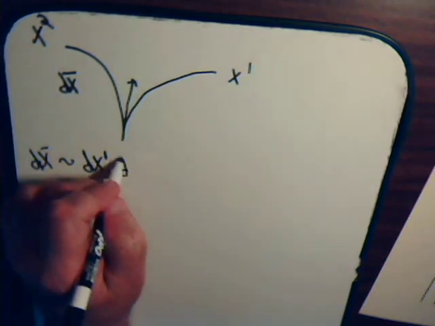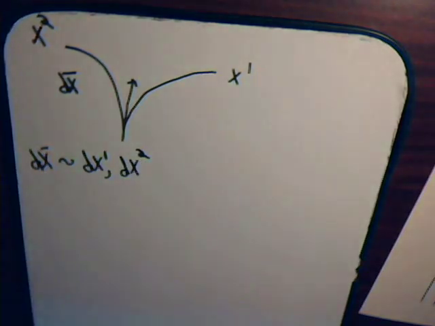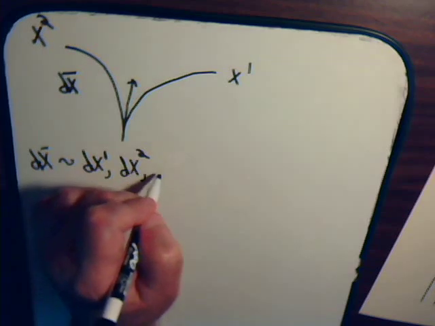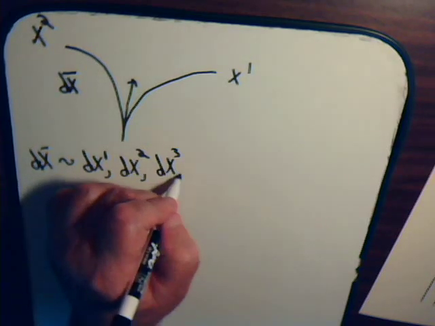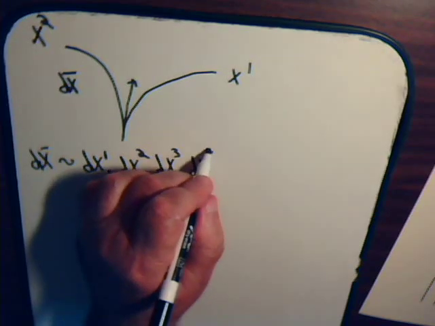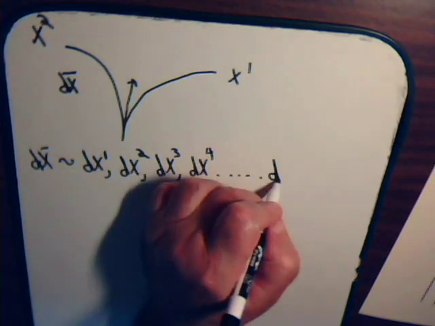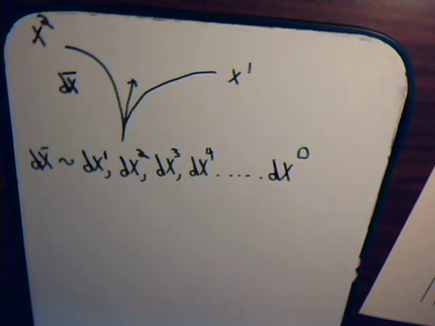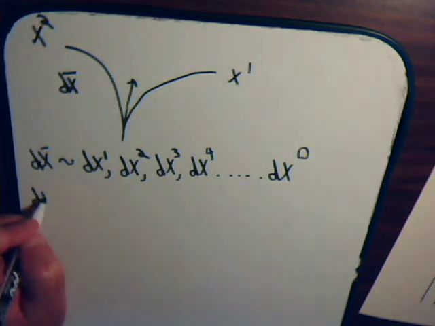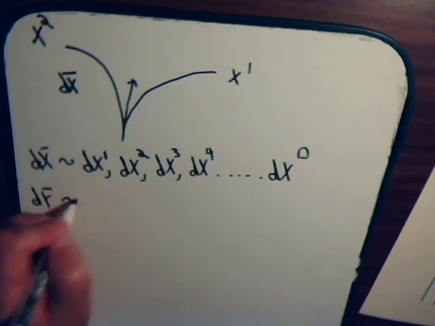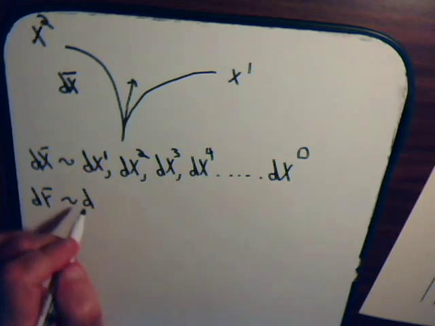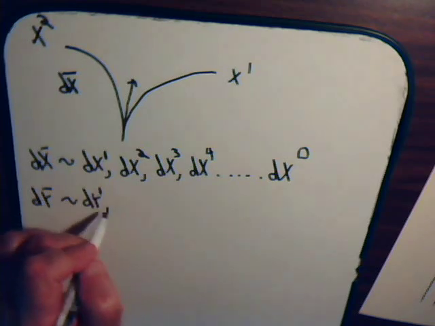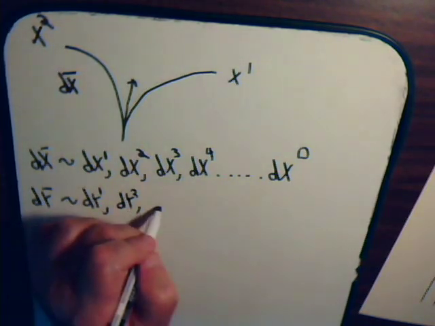Likewise, it will have a displacement component along the x2 axis, and for all the rest of them too, until we get to the last one. Well, the same displacement vector can also occur in the y-coordinate frame, and we're going to have a similar composition then. It will have a differential displacement along dy1, dy2, and so forth.